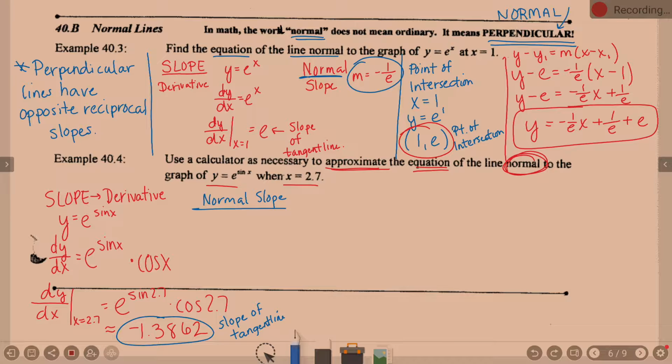Yeah. So I'm going to say it's the negative of 1 over negative 1.3862. I agree it comes up positive. And we're going to have another decimal here now, right? You agree with 0.7214?